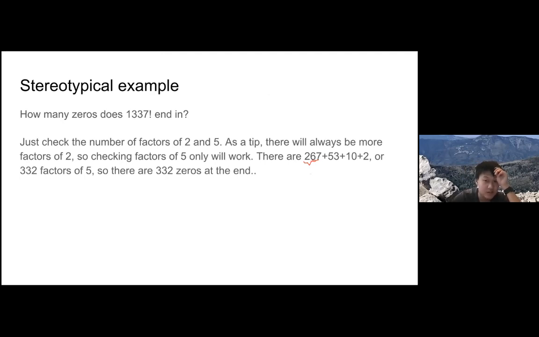So 267 over 5 rounded down is 53. 53 over 5 rounded down is 10, then 2, and then zeros. There's 332 factors of 5, and there are more factors of 2. So there's 332 zeros at the end.